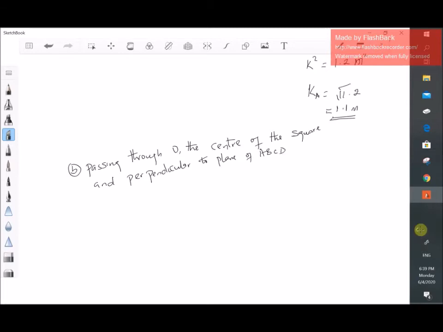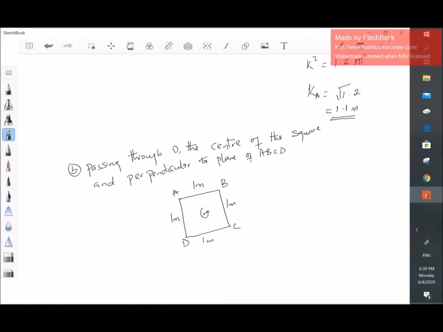Now, as you all know, this is the square, and this is point A, point B, point C, point D, and each side is 1 meter, 1 meter, 1 meter, 1 meter. Now we're asked to find the moment of inertia if the axis of rotation is at the center.